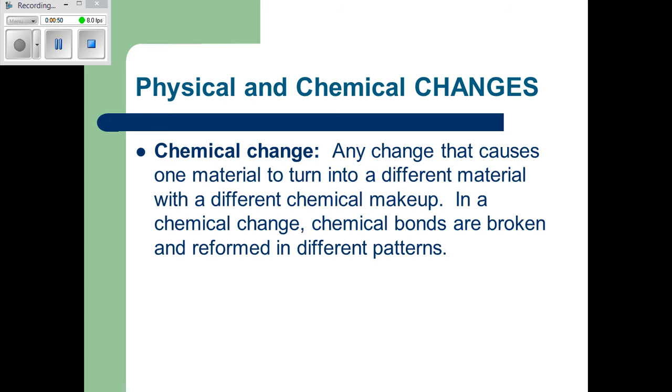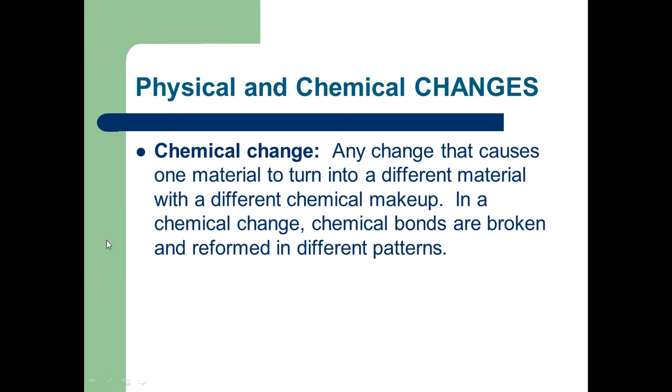So here we go. A chemical change is any change that causes one material to turn into another. It should have a very obvious way for you to determine that with your eyes, with your senses.